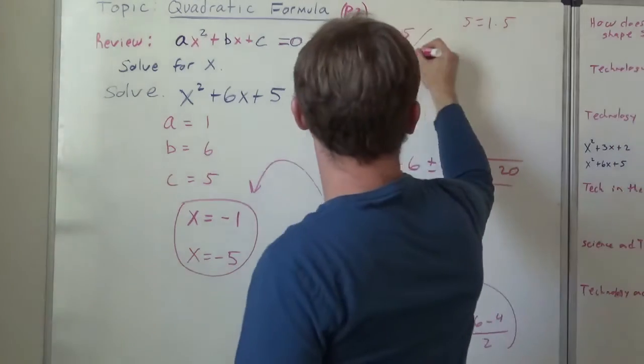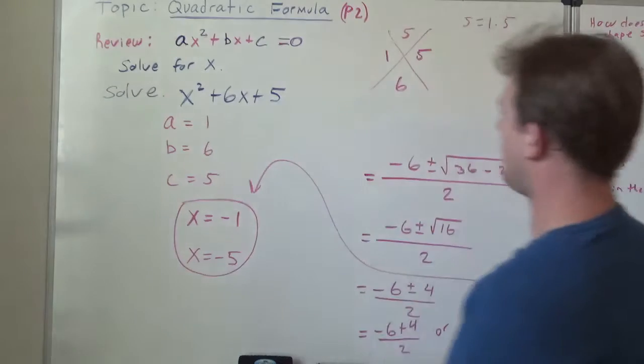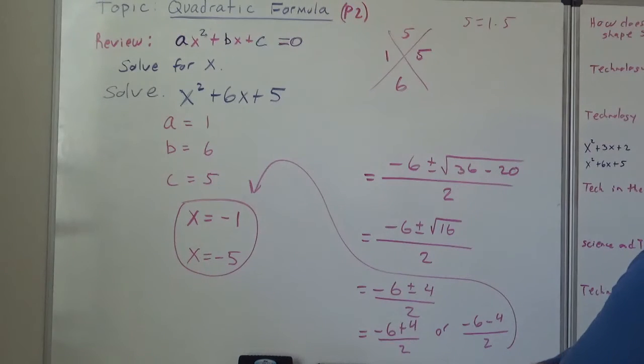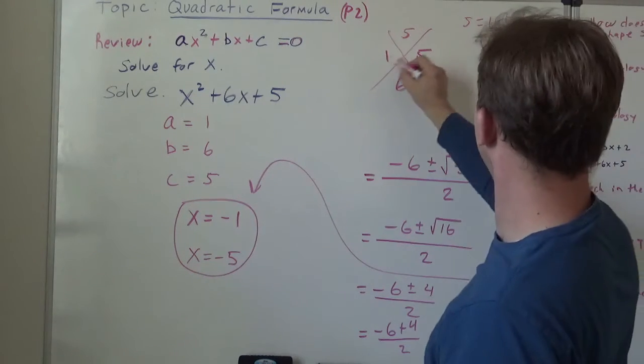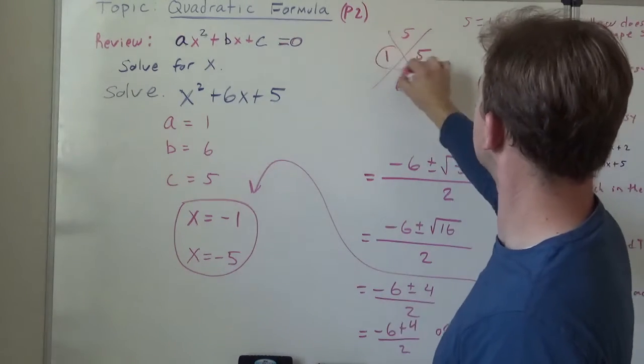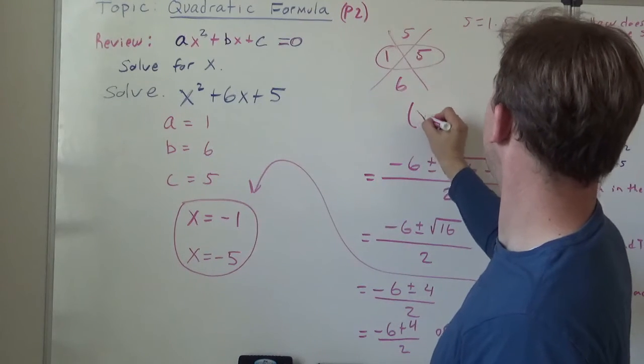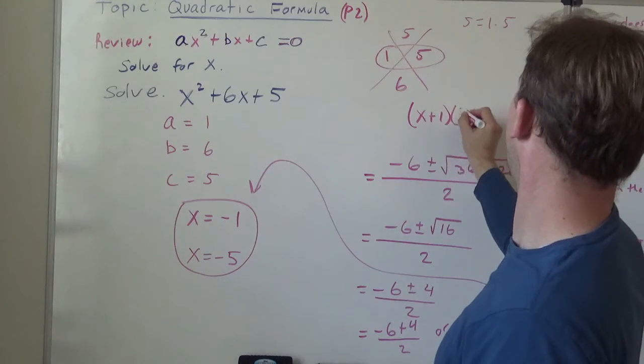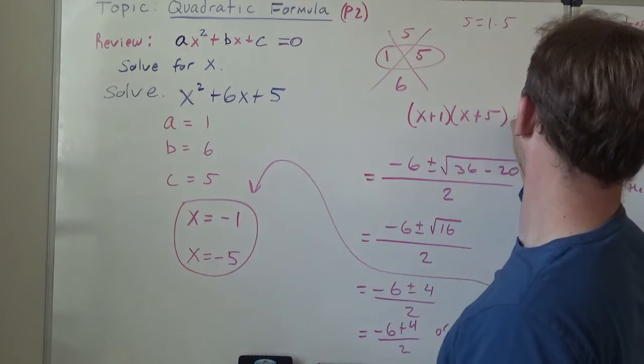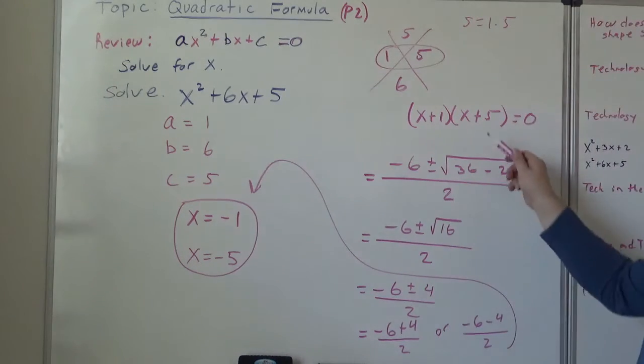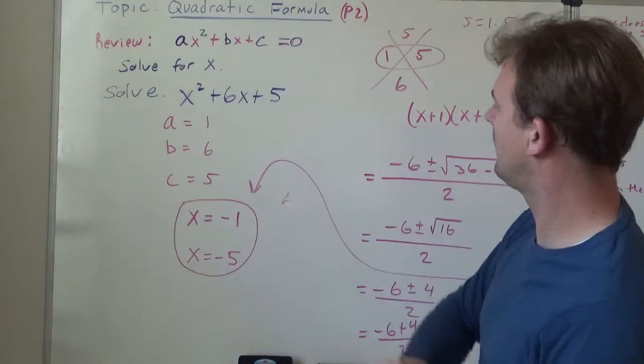So 1 and 5. These are your solutions. So this is going to be x plus 1, x plus 5. And if you set it equal to 0, don't you get that?